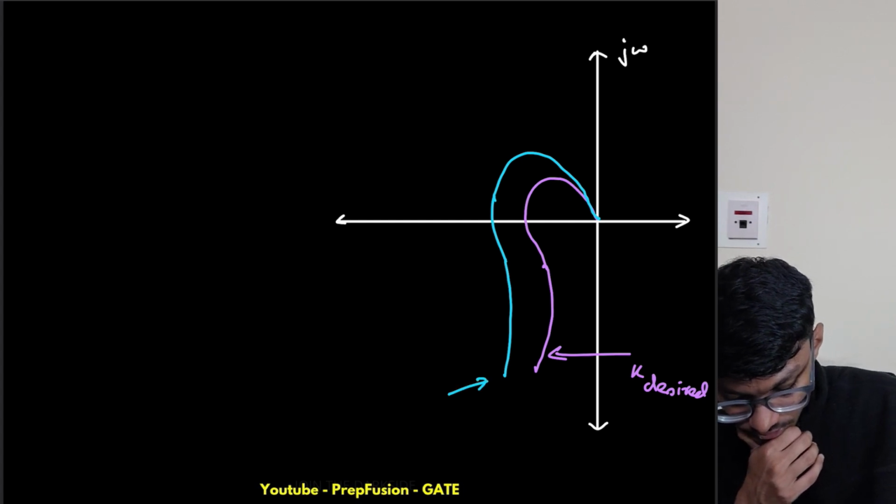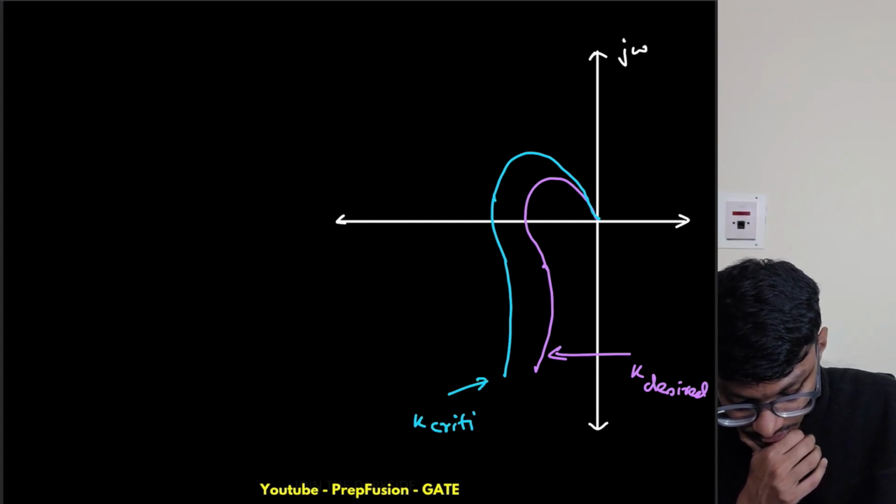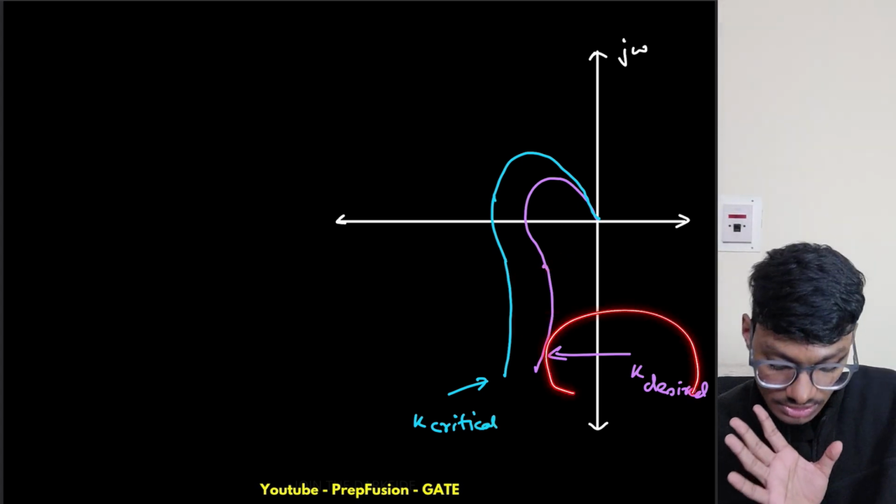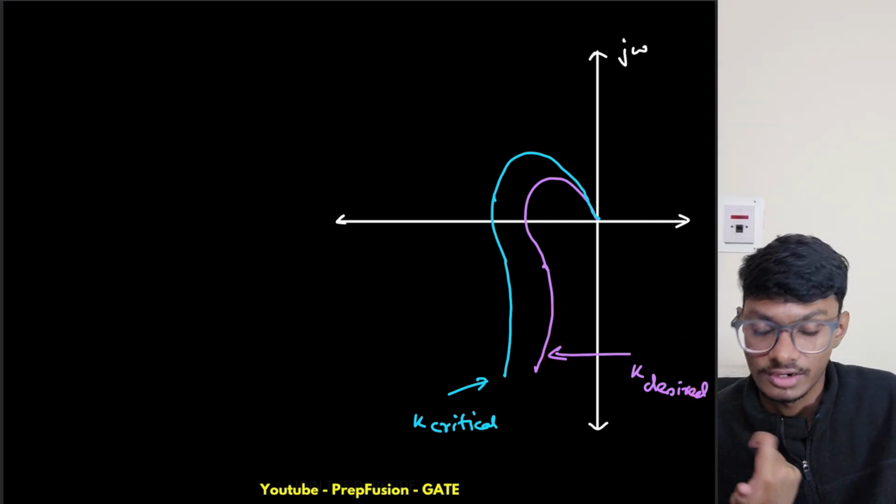So this is k critical. Now what do k critical and k desired mean? So what happens if I just multiply this whole thing? This is the gain at which it is operating.